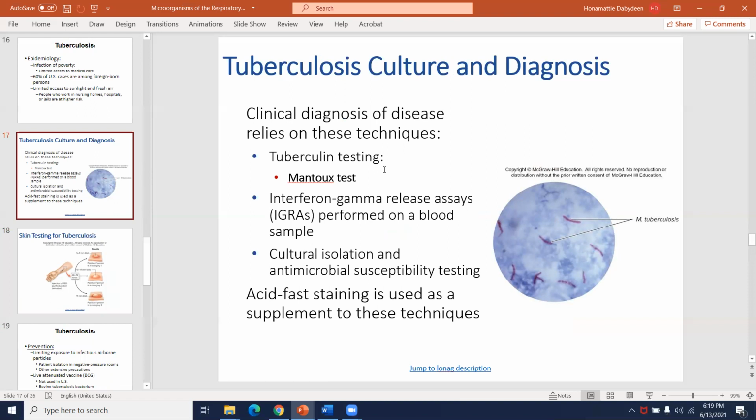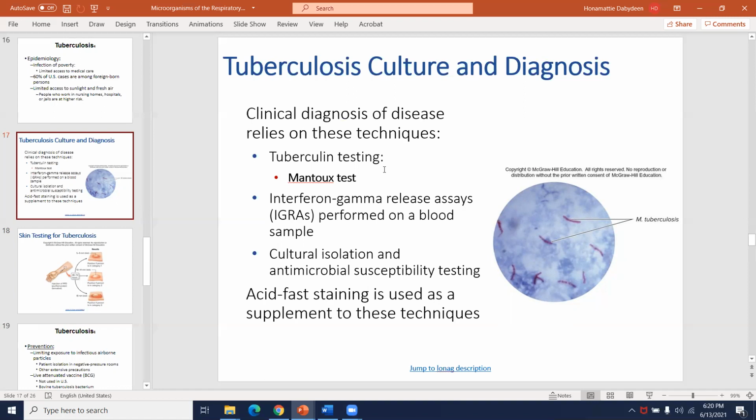Now, there's some other testing that they have these days. They're probably more rapid tests, but the Mantoux has been a traditional test, and it's still being performed in a lot of clinical settings. So that's one of the tests that they do.